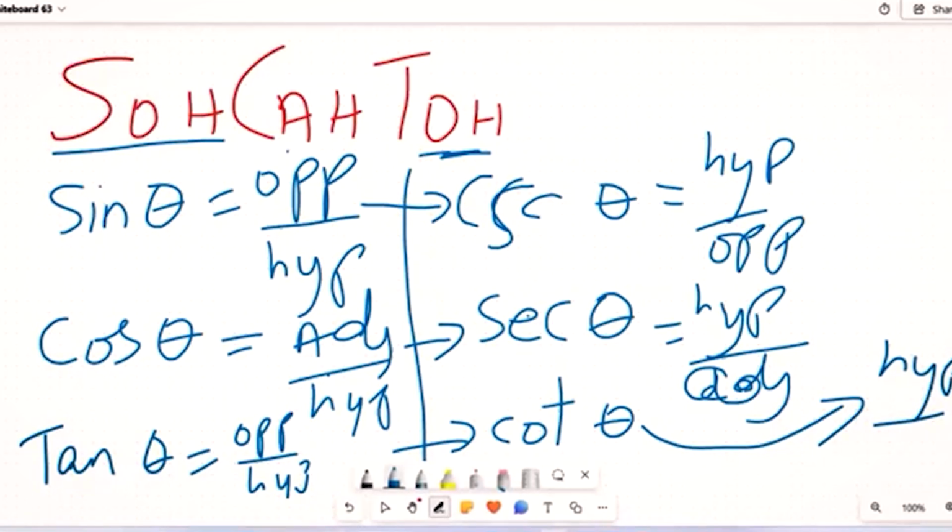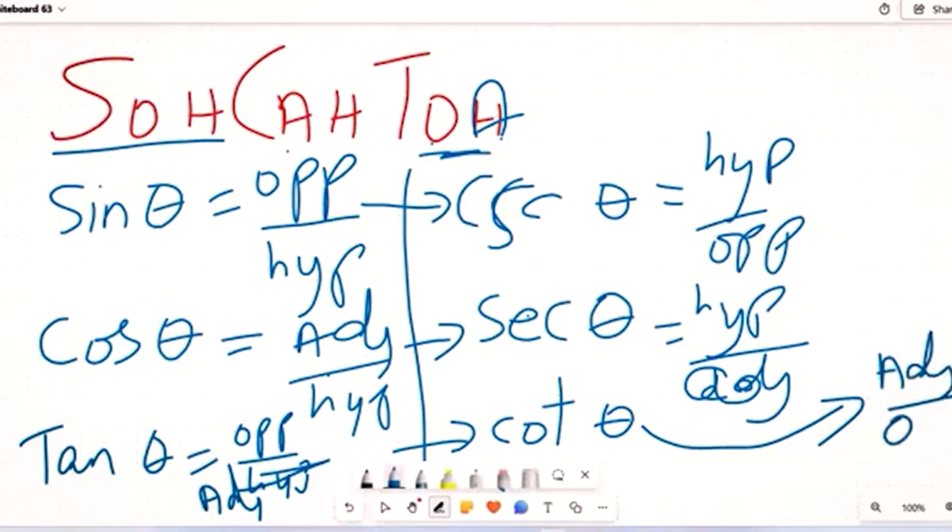Tangent is opposite over adjacent, forgive me for that, tangent has no business with hypotenuse.